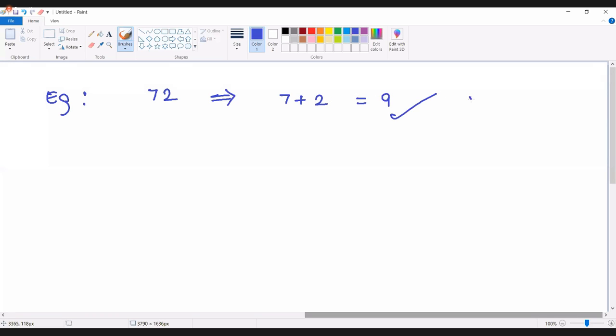Is it divisible by 9? Yes, it is divisible by 9.